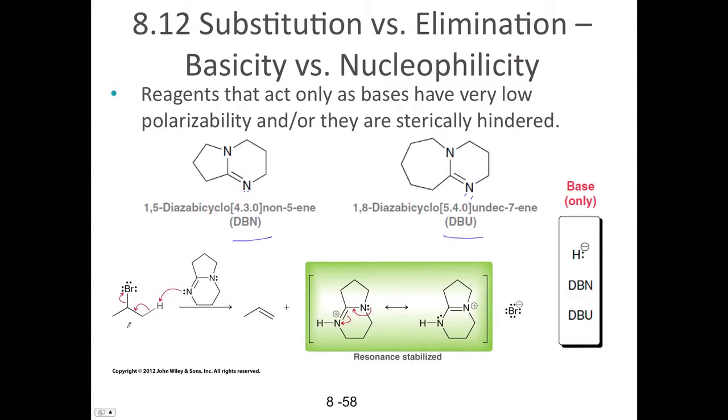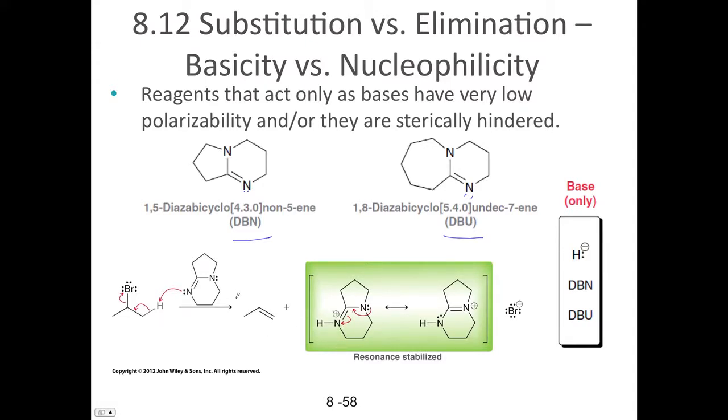If you want to see a little example here, you have DBN acting to pull off this external proton right here. Not that it has a choice, but in this mechanism this proton gets pulled off by this pair of electrons on this nitrogen, and once that happens, this ends up being a resonance stabilized base.